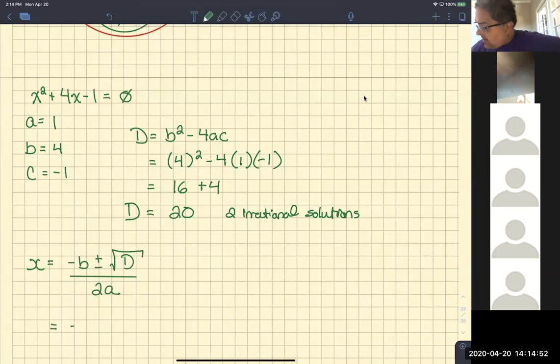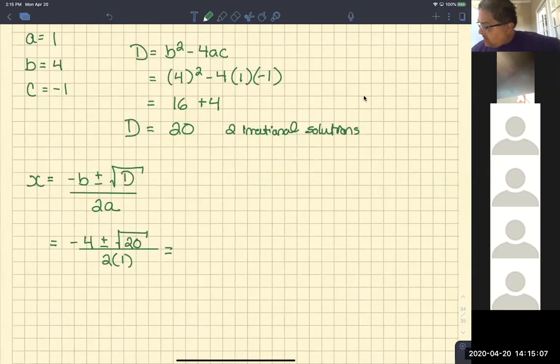Negative b, which is negative 4, plus or minus the square root of 20 over 2 times 1. So now we do the algebra, negative 4, and we can simplify 20 into root 4 times root 5 over 2.